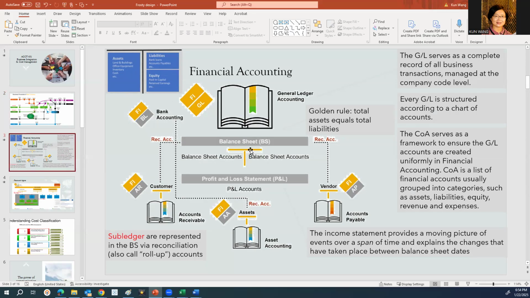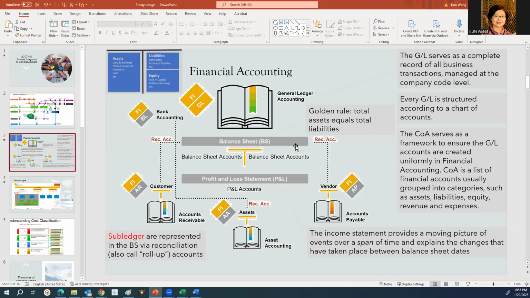And in SAP, the income statement is called profit and loss, another word for income, because even when we call it income, it might be positive or negative. So the profit or loss statement has different financial accounts under it: different types of revenues, cost of goods sold, and all of your selling and general expenses.